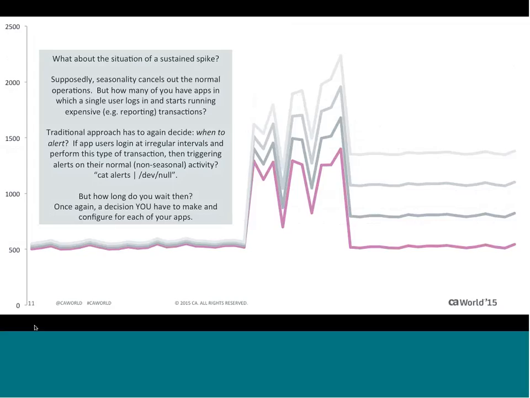Okay, so in this case, we actually have a sustained change in the response time of the application. So it wasn't just one outlier. It was some sort of an event that took place over time, right? Now, here again, we have the question of when do we alert? If the baselining algorithm considers this a period where there's some sort of seasonality, it's going to swallow this activity.